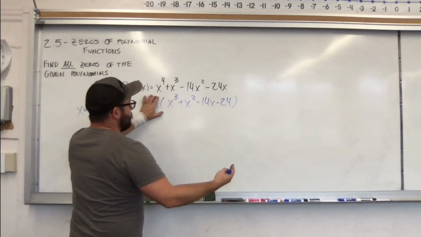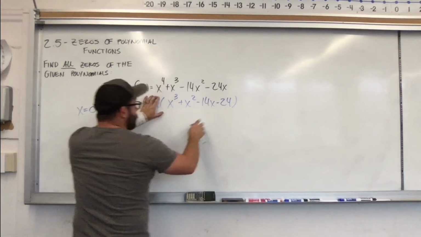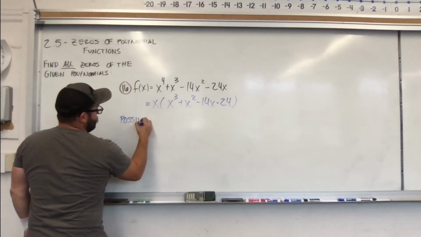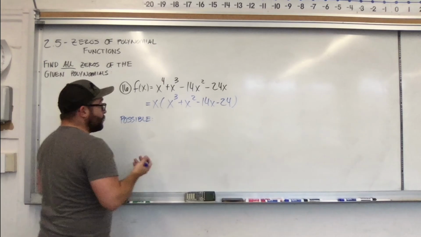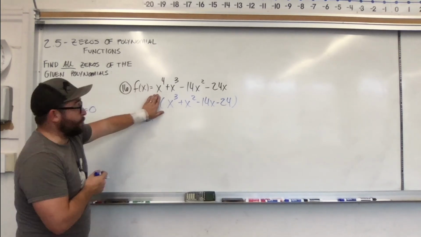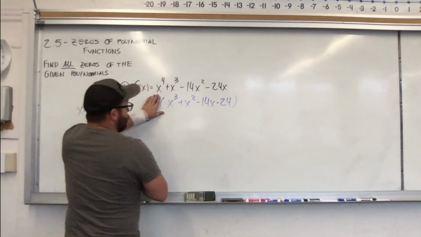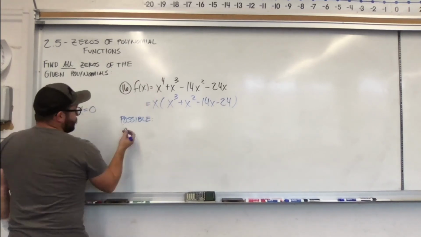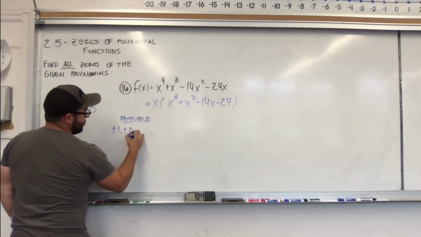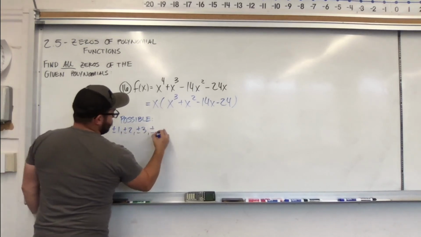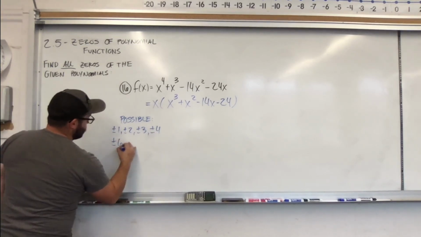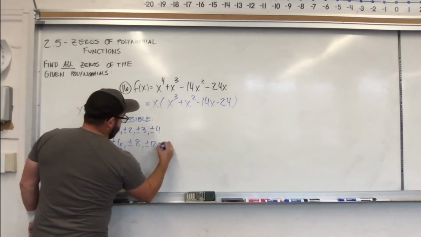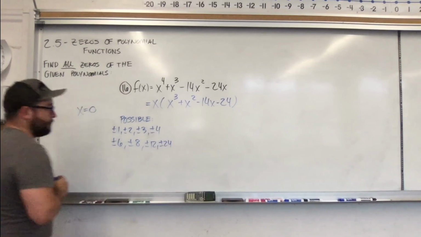Now I can approach just this smaller polynomial as a new problem. I'm going to look at the possible roots of just this smaller piece without that x. It's the factors of 24 over 1, so we have plus or minus 1, 2, 3, 4, 6, 8, 12, and 24.